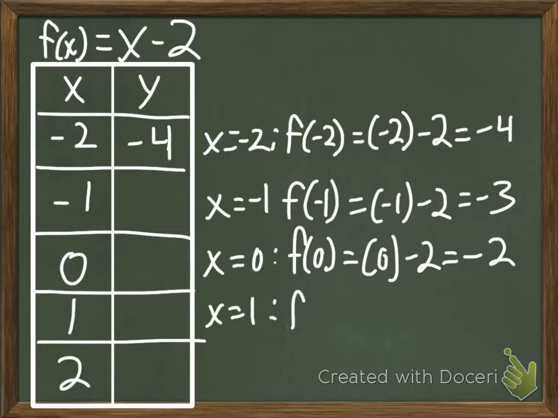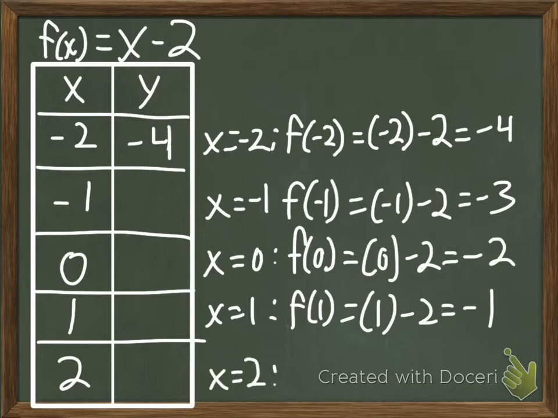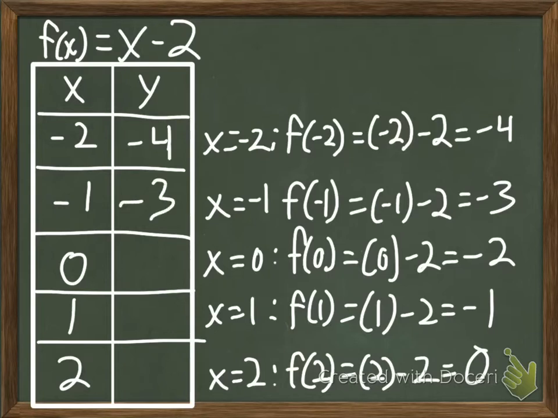X equals 1. F of 1. So 1 minus 2 is negative 1. And finally, x equals 2. F of 2. So we get parentheses 2 minus 2, and we get 0. And then we can take these and we can put them into our XY chart.